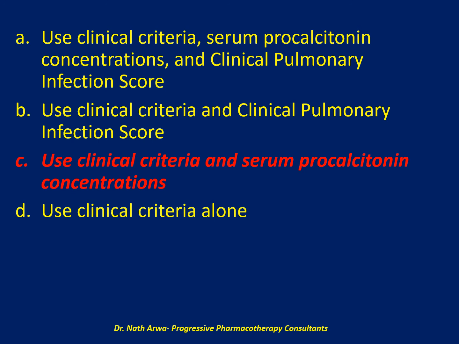This is based on clinical evidence applying procalcitonin concentrations in this manner in patients with VAP, resulting in shortened antibiotic durations without differences in clinical outcomes to suggest it is unsafe. Due to lack of clinical data, antibiotic discontinuation based on clinical pulmonary infection score is not yet recommended.